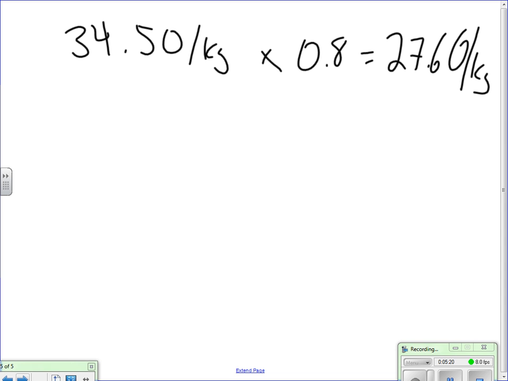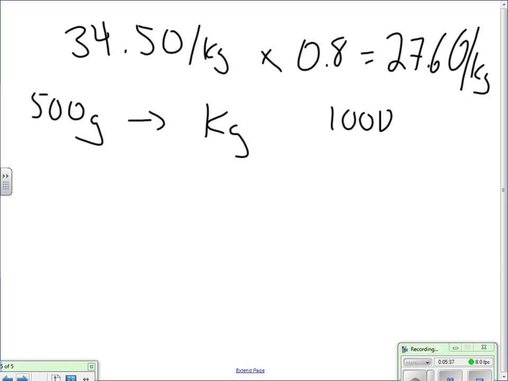Now, if we're asked to find 500 grams of prawns, I have to convert 500 grams into kilograms. Now I know that there's 1,000 grams in 1 kilogram.